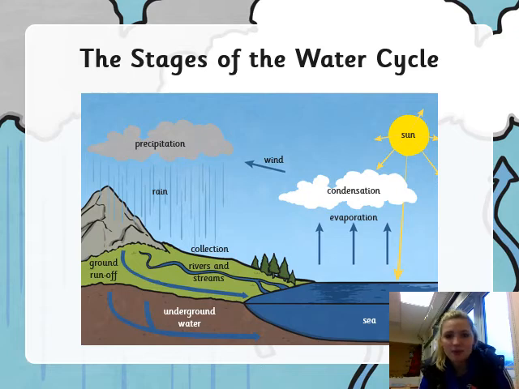Then the groundwater runs down mountains, down hills, down streams and rivers, or even underground as well, until it gets back to the sea or back to rivers or lakes, and then the water cycle starts again and the sun heats the water up to lead to this evaporation.